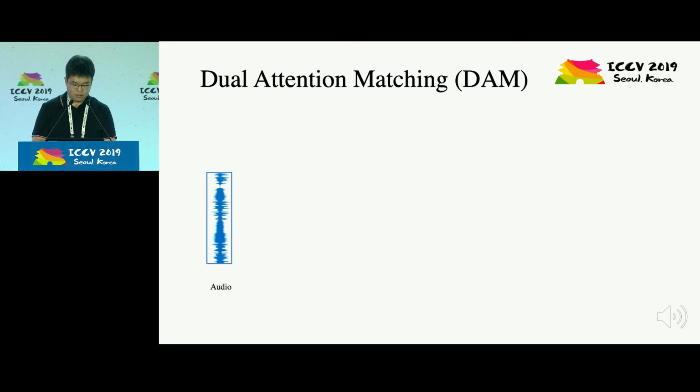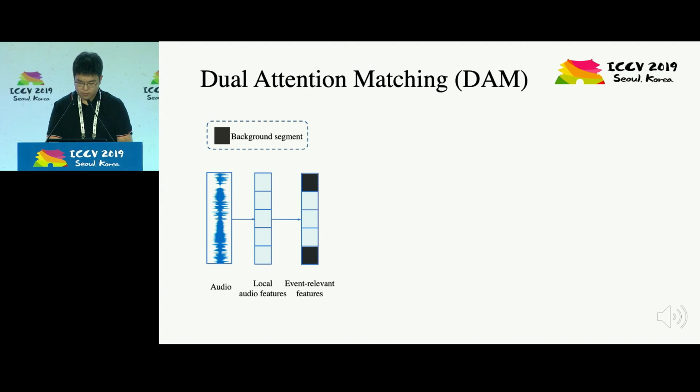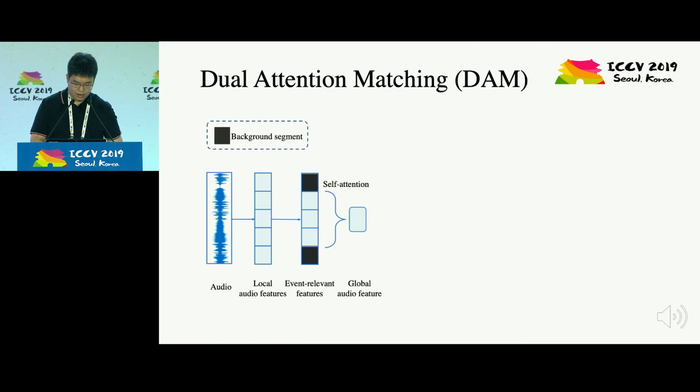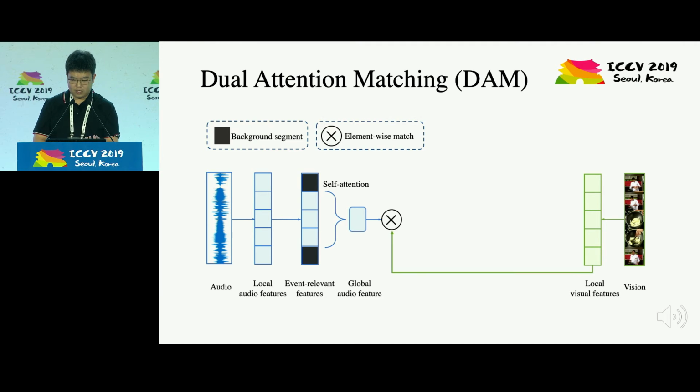This is our method. Given an input audio, we first use a pre-trained model to extract local features, and then we drop the background segments. On the event segments, we use self-attention to get the global audio feature. On the other hand, we also have the visual input and visual local features. We want to use the global audio feature to check each local visual feature, so we just multiply them.